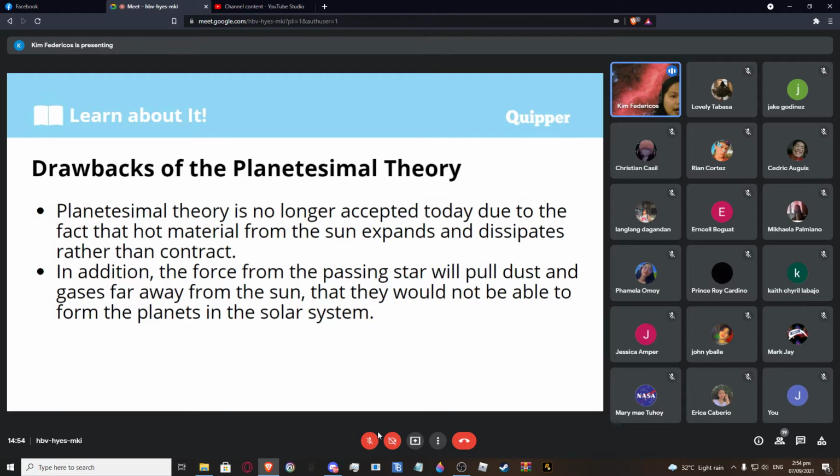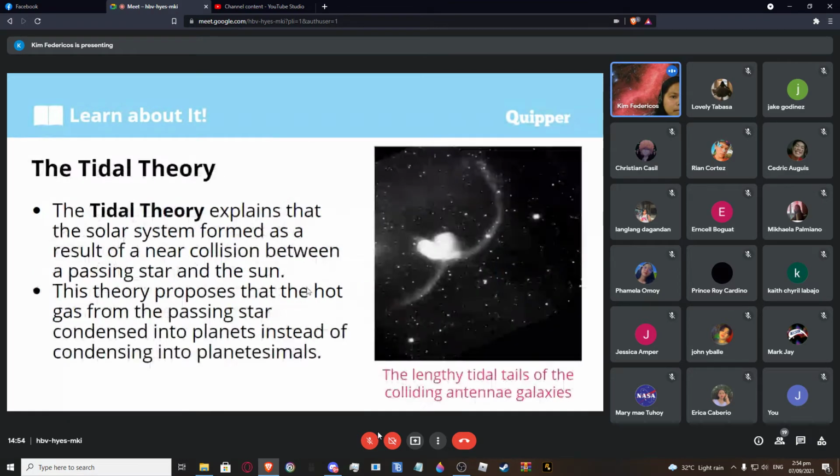Now let's discuss another theory, another form of encounter theory. The tidal theory tries to explain that the solar system was formed as a result of a near collision between a passing star and the sun.